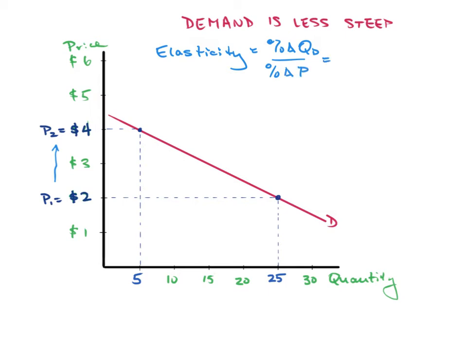So the change in quantity demanded goes from 25 to 5. Let's see, how do I do this? 5 minus 25 divided by the average of those quantities, which is 15, right?